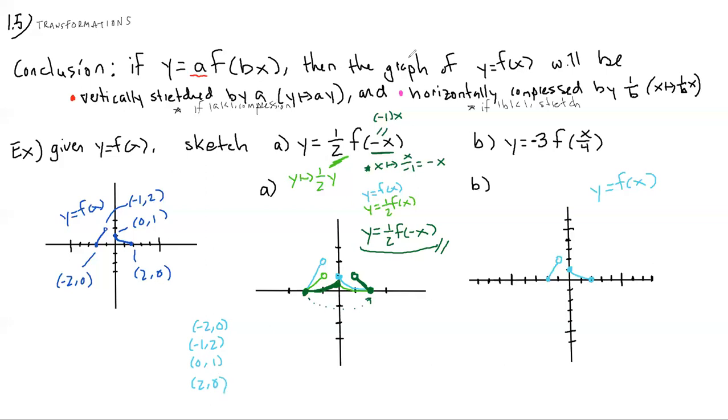Then the first action that I had was y goes to a half y. So I would just take all the y's, which are the rightmost entry there, and they're all gonna just get cut in half. So 0 does nothing, 2 goes to 1, 0 goes to a half, and 0 stays at 0.